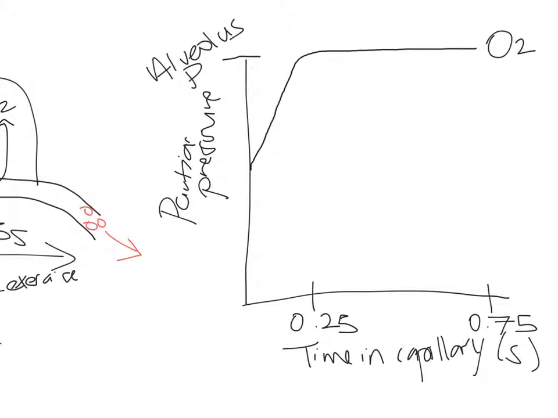Let's contrast this with carbon monoxide. The difference of carbon monoxide to oxygen is that hemoglobin has a much higher affinity for carbon monoxide than oxygen. So say we take an inspiration of carbon monoxide. The carbon monoxide will initially go into the alveolus, then it will move rapidly across that extremely thin blood-gas barrier from the alveolar gas into the bloodstream.